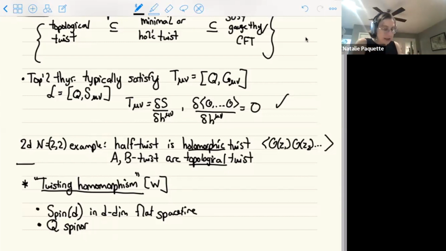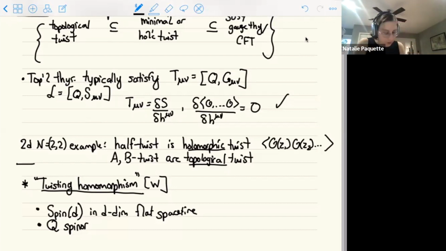And indeed, Witten was originally studying topological twists with this extra bit of data because he wanted to put topological theories like 4D Donaldson theory and 3D Chern-Simons theory on interesting space-time manifolds. In his case, he was interested in computing some geometric invariants. But even in physics, we know that it can be very interesting to study things on more general manifolds. And in particular, when you couple to gravity, that's essential.